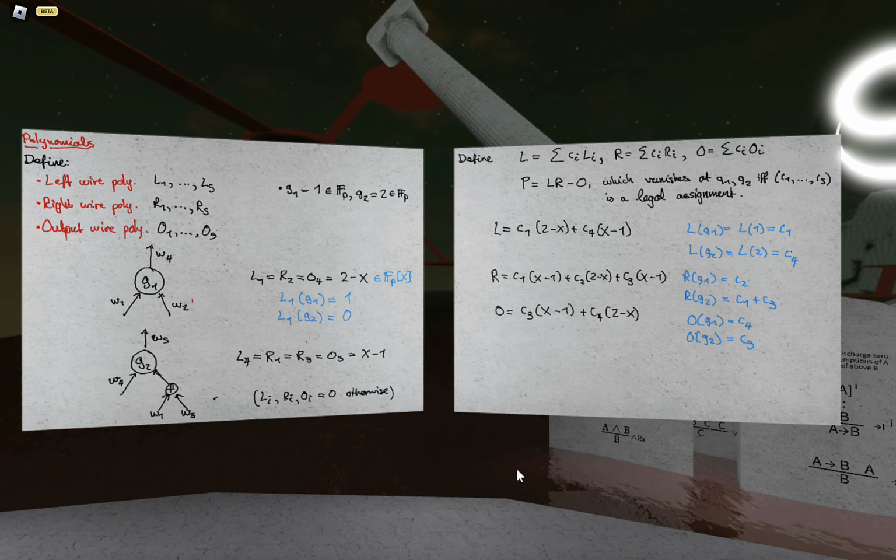Well, I'm not going to write it out because it's a big, ugly polynomial, but P of G1 is going to be, of course, L of G1 times R of G1, which is C1 times C2, minus O of G1, which is C4. Remember, we want C1 times C2 to be C4, so we've encoded it here. P of G2 is C4 times C1 plus C3 minus C5.